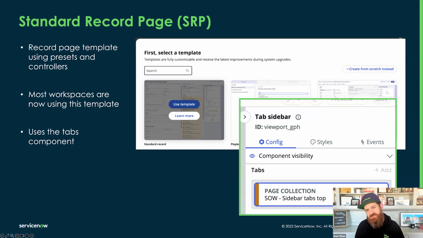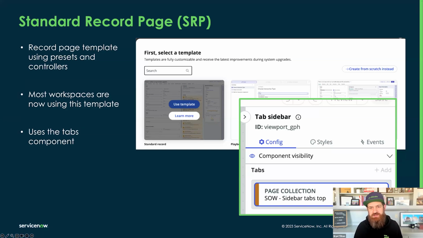One of the things is that it uses the tabs component. If you use that standard record page template, you're pretty consistent using tabs everywhere instead of the older contextual sidebar component and the older tabs component. You're using the new tabs component for both your horizontal tabs, your main tabs where the details are, and also the sidebar tabs.